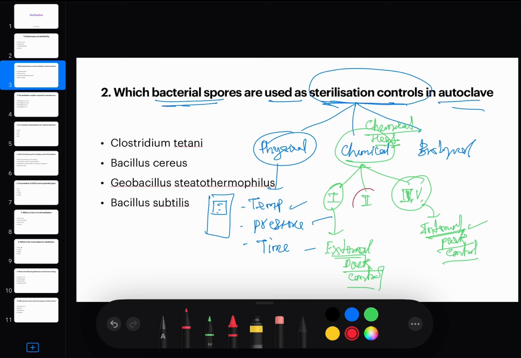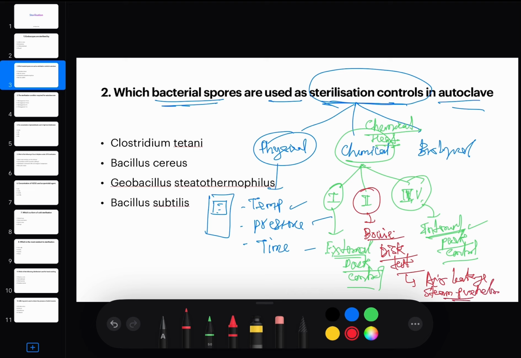The second one is also called by this test, which detects air leakage and steam penetration.